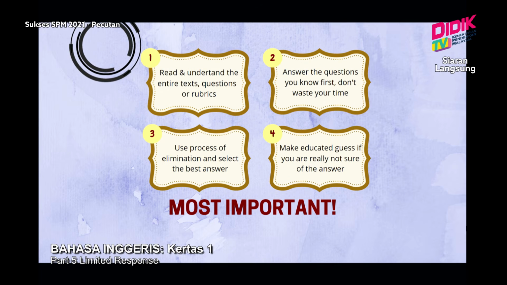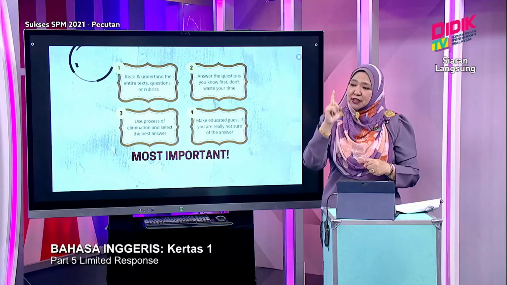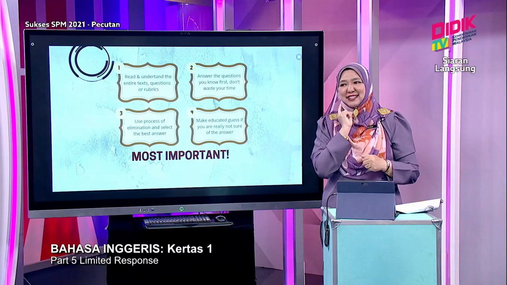Don't ever waste your time. Number 3, use process of elimination and select the best answer, except for the last part. And even for the last part, part 5, you can still use the process of elimination for question 33 to 36.